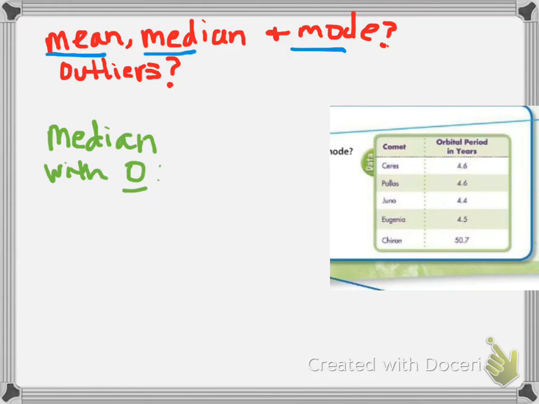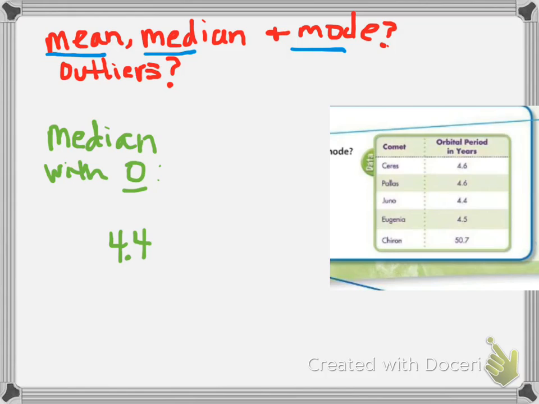Okay, now let's find the median. We'll go ahead and do it with the outlier. Remember we've got to put the numbers in order first from least to greatest, before we can find the median, the one in the middle.